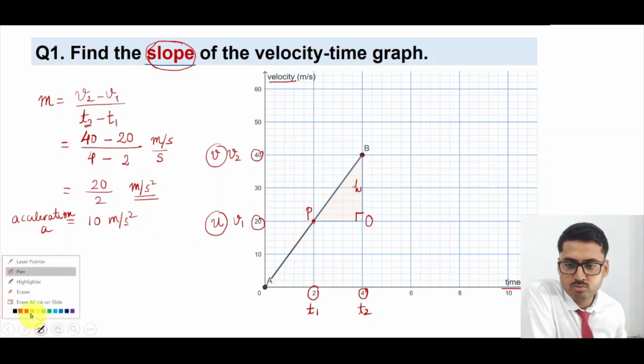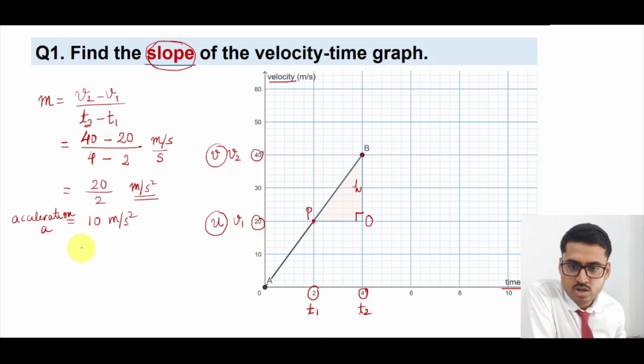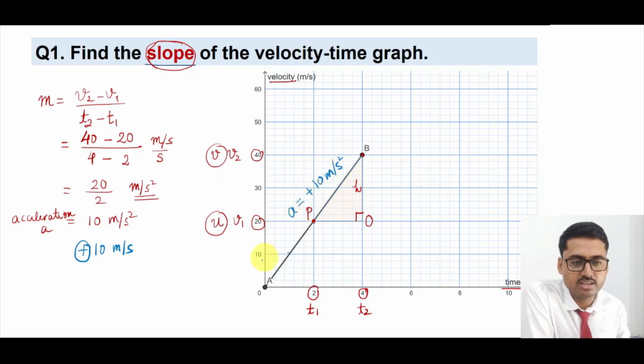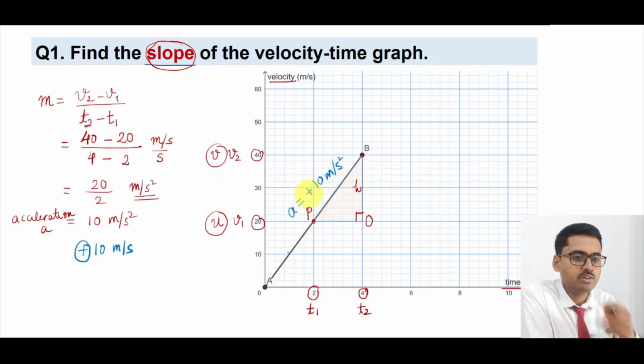Here the answer that we have got is plus 10 meter per second square. Why am I putting plus 10? You can see as the time increases, the velocity is increasing. It is 10 over here, and then 20, then 30 and 40. So acceleration of this graph is plus 10, which means that in every second the velocity is increasing by 10 meter per second. So this is the answer of the first question.